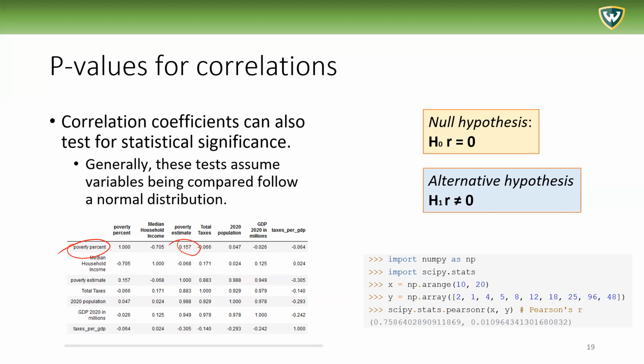So we can test this one here and all of the correlation coefficients to see if this number is statistically significantly different than 0. If it's so far away from 0 that we need to reject this null hypothesis and accept that this is a real strong correlation in the broader population.